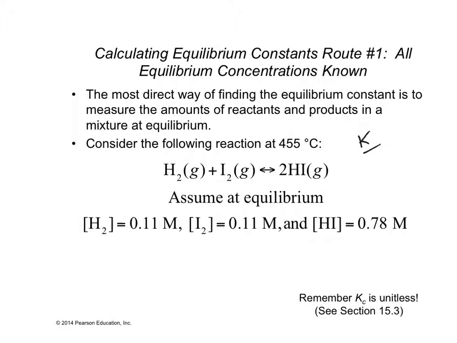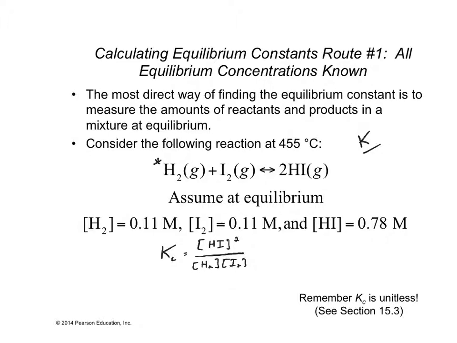In the first route, we determine these equilibrium constants by knowing all of the concentrations at equilibrium. So let's say we have a reaction where H2 combines with I2, making 2HI. The equilibrium constant expression for this is Kc equals HI squared over H2 times I2.